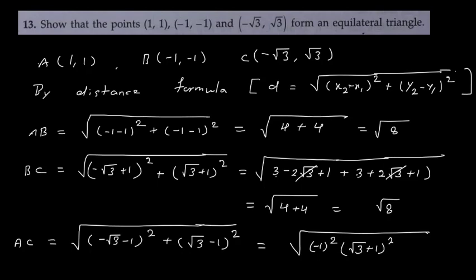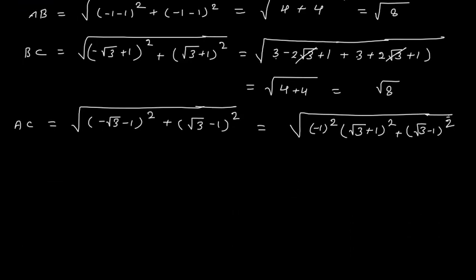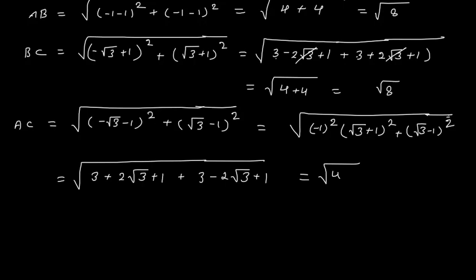So it is (root 3 + 1) the whole square, and here it is (root 3 - 1) the whole square. So again this becomes a calculation like BC. Root 3 square is 3, plus 2 root 3, plus 1, plus here it is 3 minus 2 root 3 plus 1. So you will see that this is 4 plus 4, which is root 8. Therefore I will say that AB equals BC equals AC equals root 8.